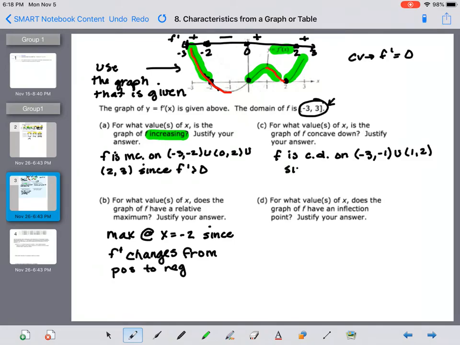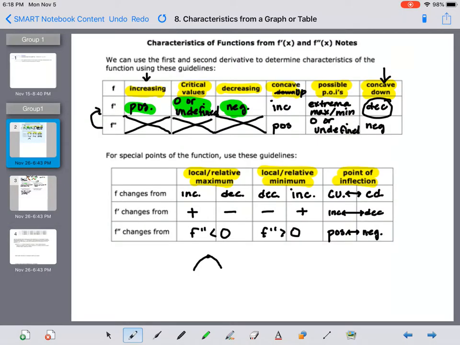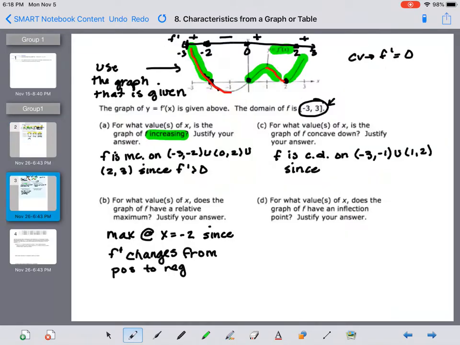And my justification, here I want to use my f prime. So going back to that chart, again, I'm looking here, and my f prime is decreasing. So that's the justification: since my f prime is decreasing.